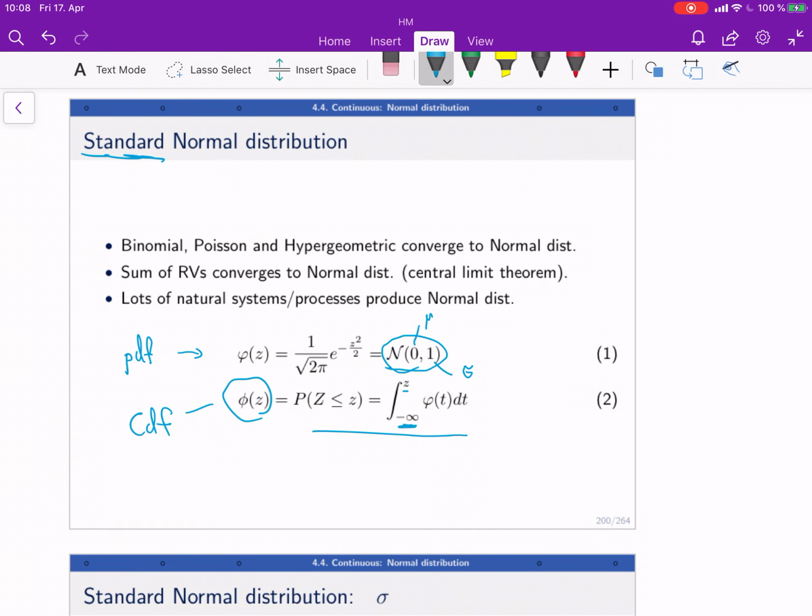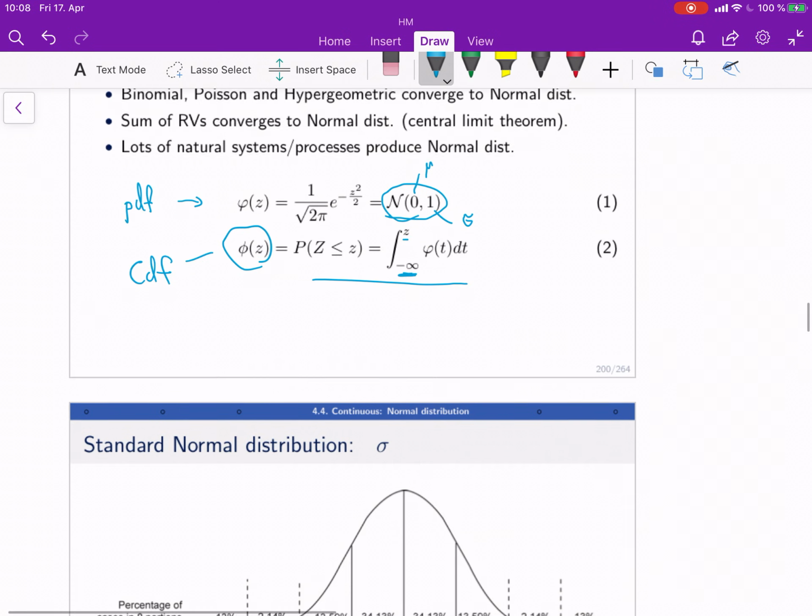We also see, just to highlight the importance of this distribution, that a lot of natural processes and physics measurements follow the normal distribution. We're going to see later why that is. It has to do with the fact that the sum of random variables in various distributions creates a normal distribution. That's kind of a weird effect, but more about that later.